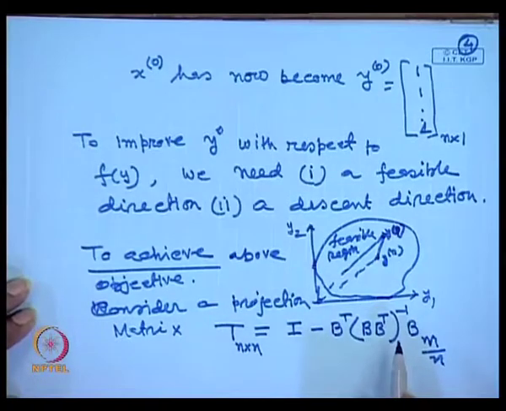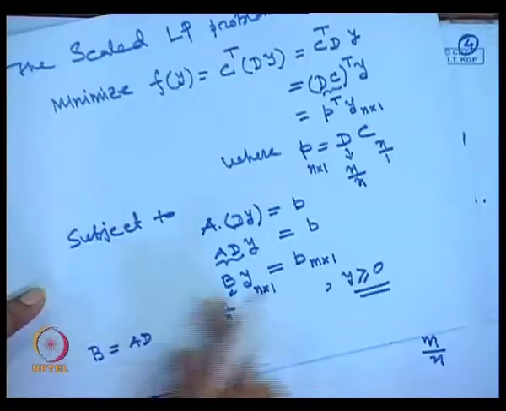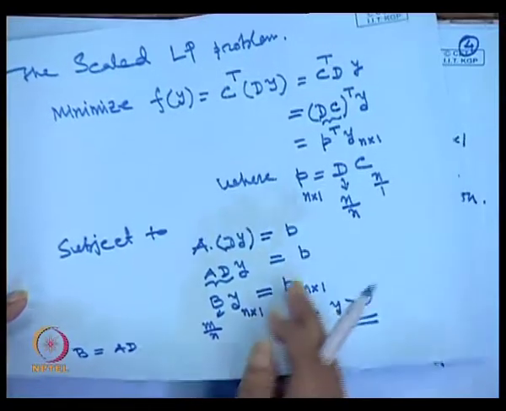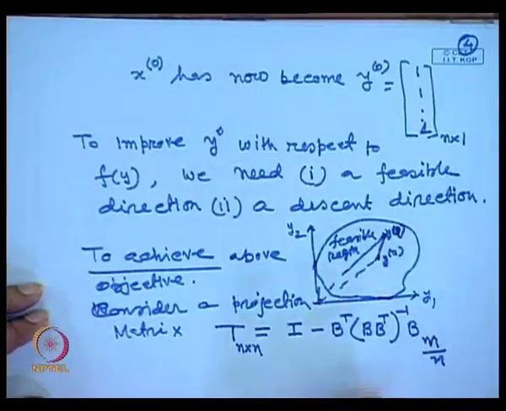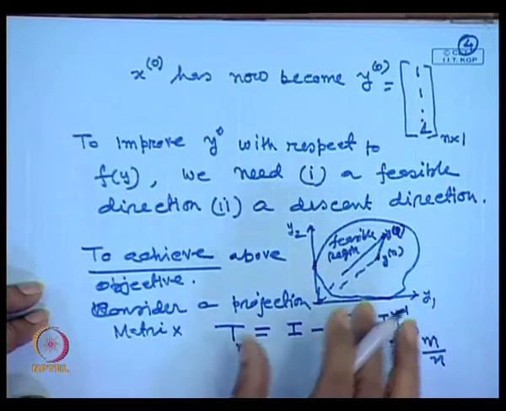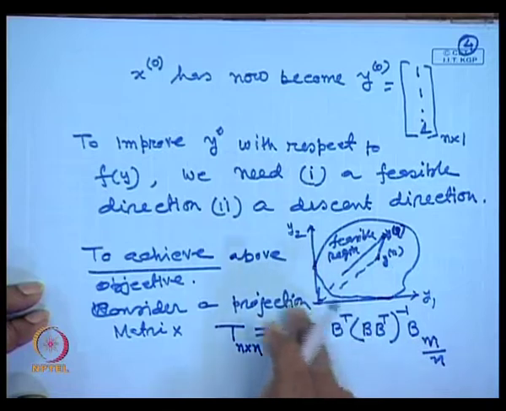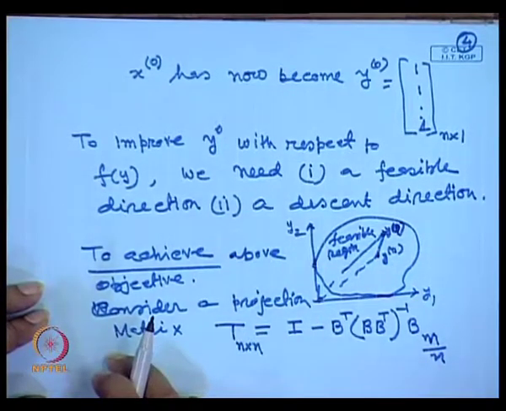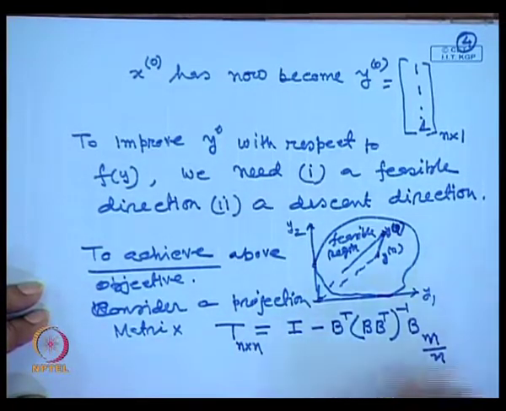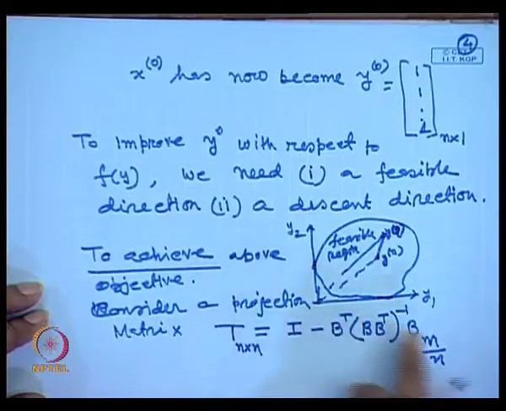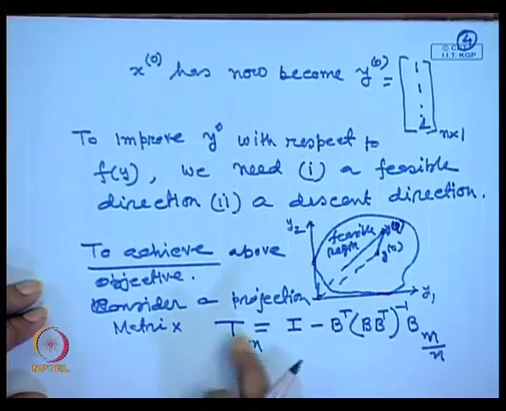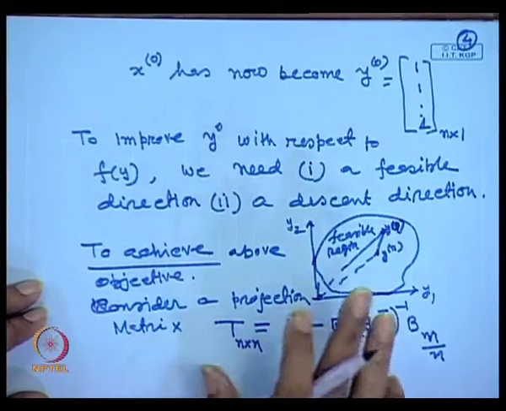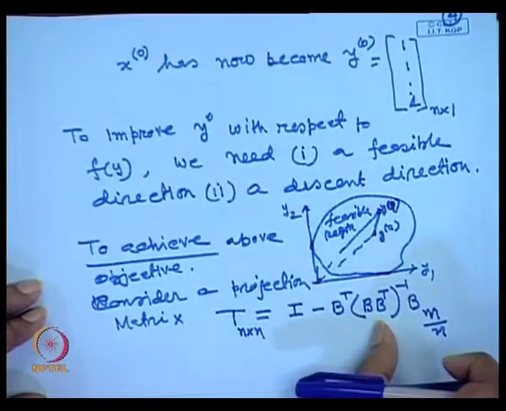So, with the knowledge of the B matrix in the equality constraints of our transform coordinate system, we form the projection matrix. This projection matrix multiplied by B gives the result 0, and it has some properties that one can easily verify.